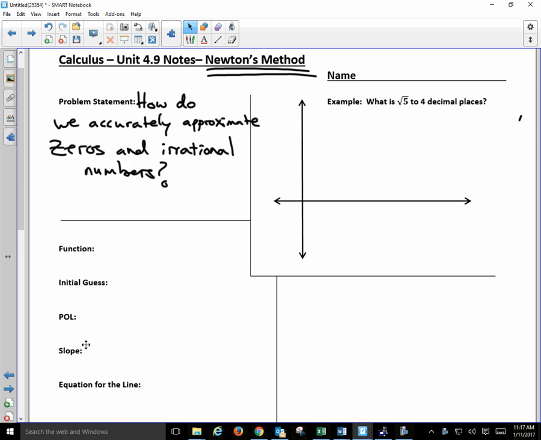So here's what I'm going to do. We're going to show you how Newton did it. And he used calculus, and it is awesome. Newton said the square root of 5 is a solution to f of x equals x squared minus 5.